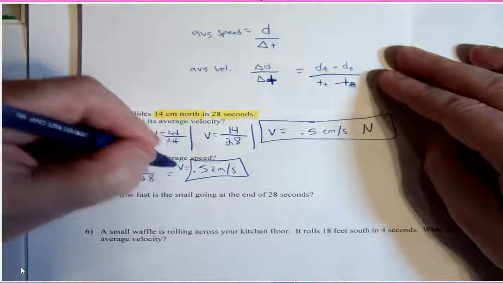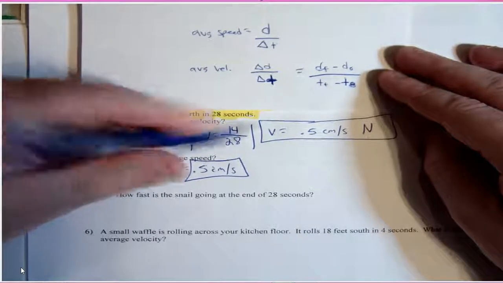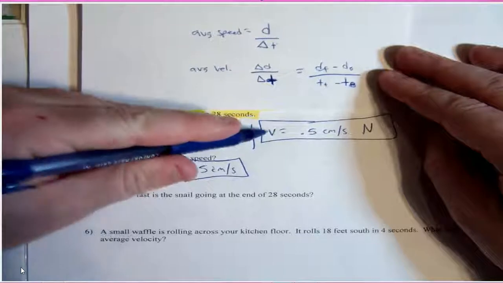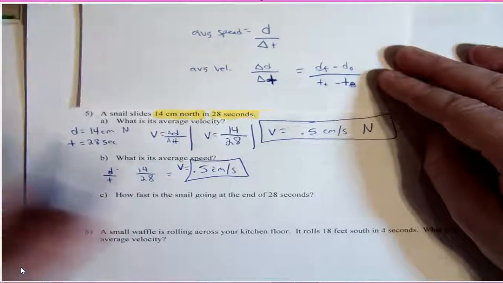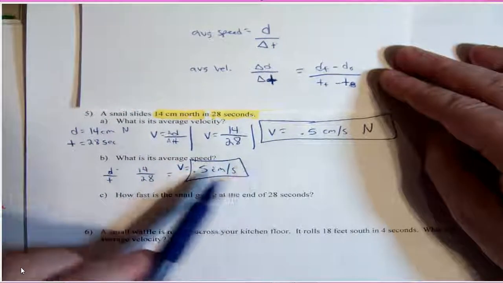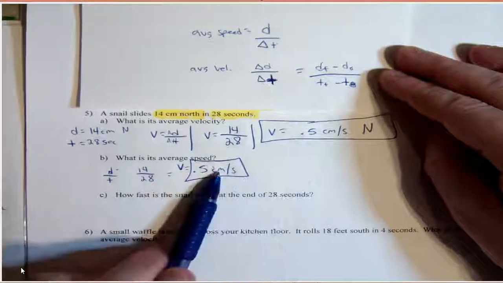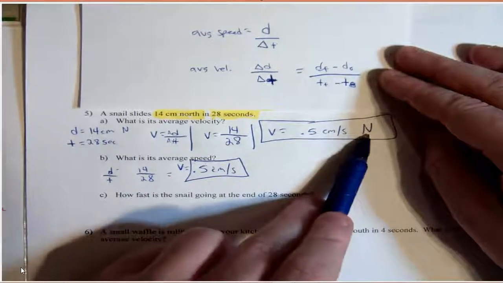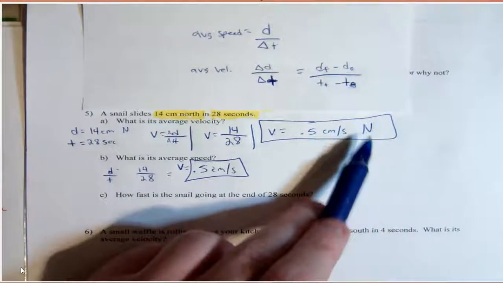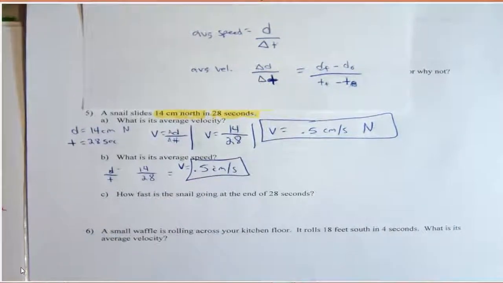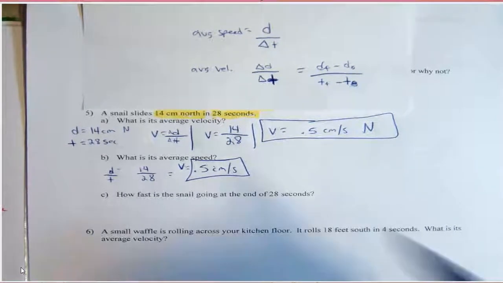Average speed. I know it's still V equals, but this is average speed and this is average velocity. Okay, so don't be confused by that. Do you see a difference between these two answers? This velocity, this speed. Well, this says north. This does not. That's it. Easy, right? It's the same as above, but it does not include a direction.